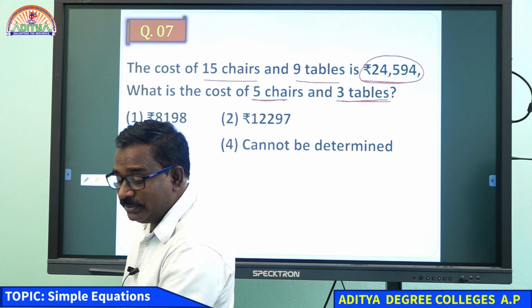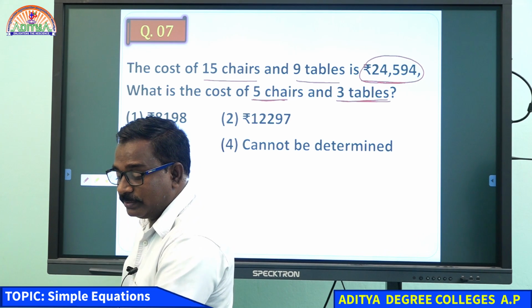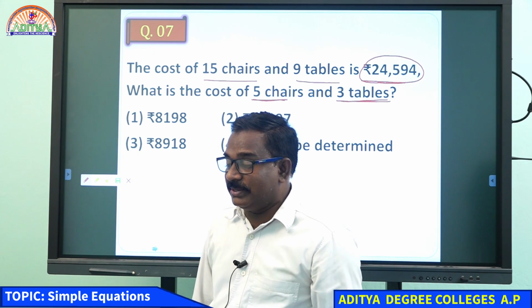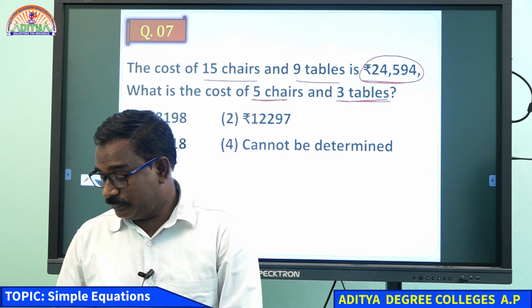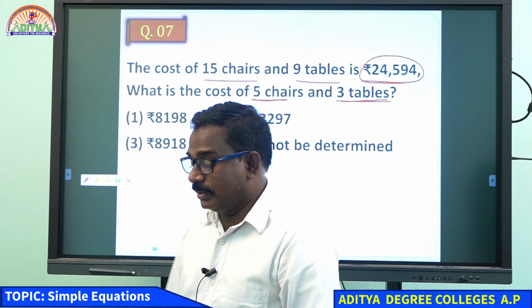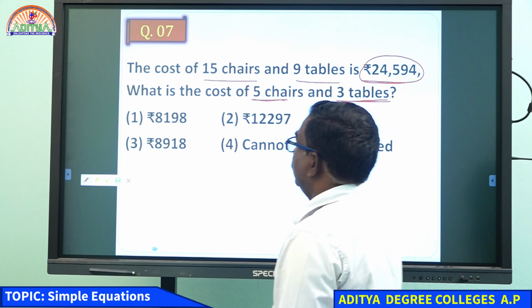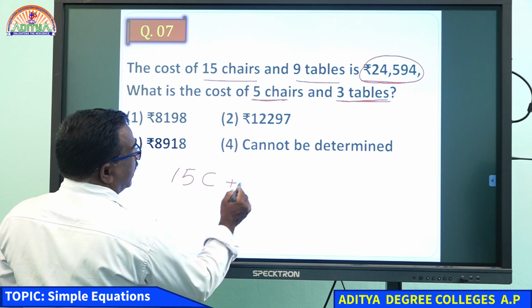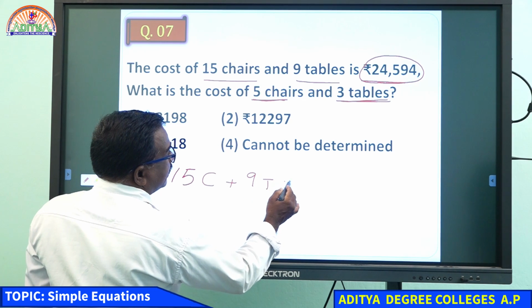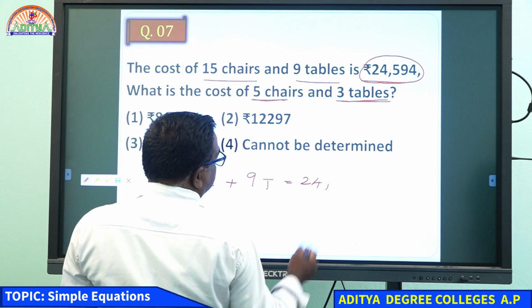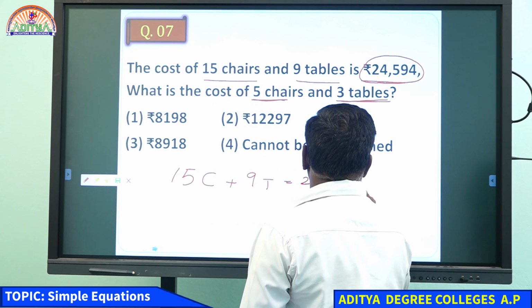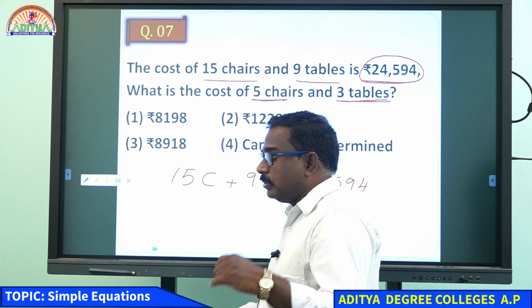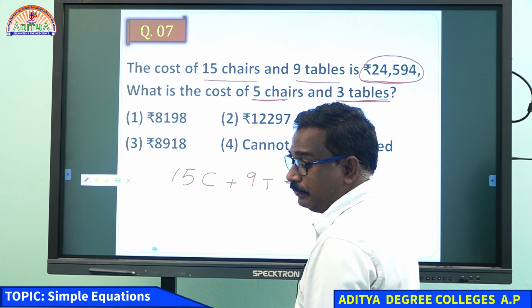Simple equation, you need to solve in a simple manner. You need to use your most brilliant brain to get the answer very easily. We can solve it. 15 chairs and 9 tables is 24,594. Here in this 3 tables will go, in this also 3 tables will go.